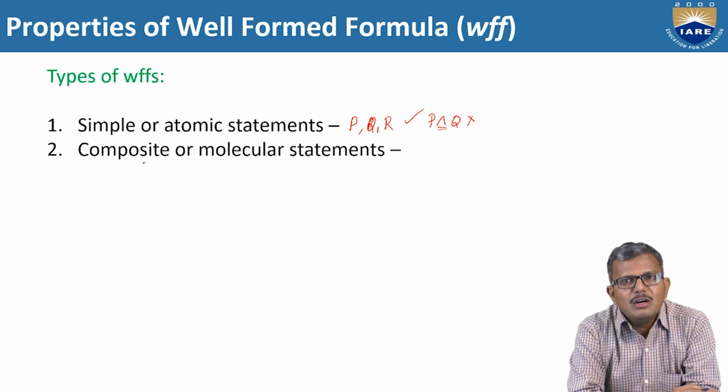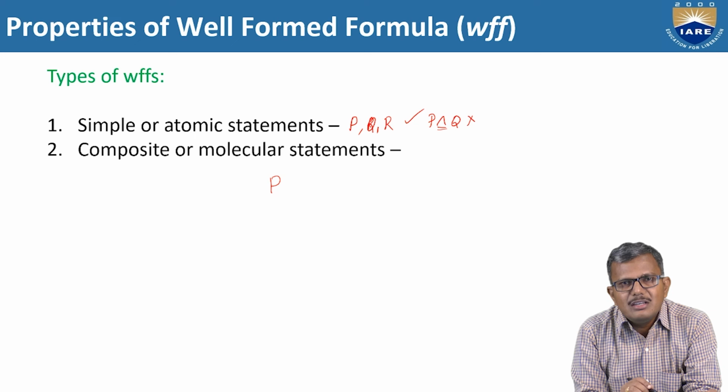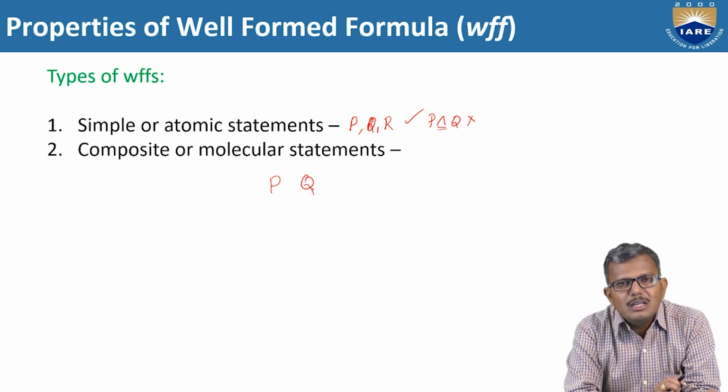Next one, composite or molecular statements. "James is hardworking and James is intelligent." In this case, we are trying to combine two different sentences into one. If I say "James is hardworking", I can represent it with a variable P. If I say "James is intelligent", I can represent it as Q. I am using a connector word, and.